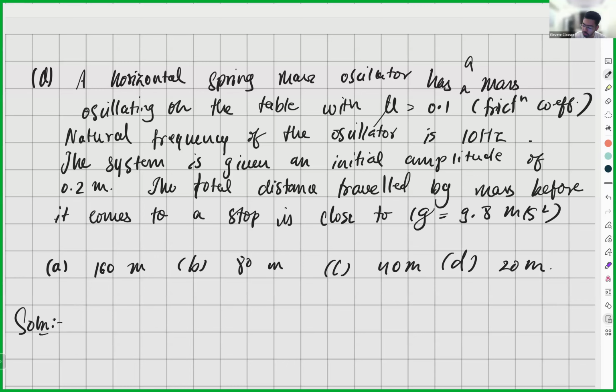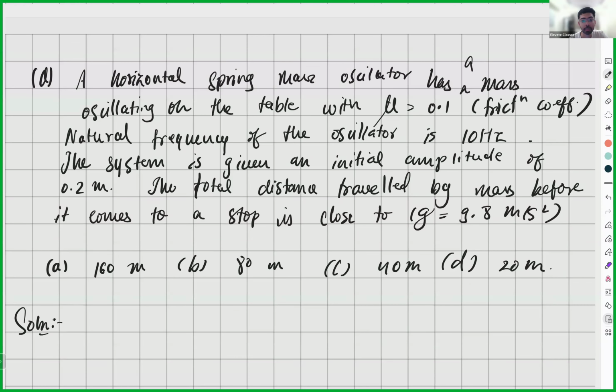Natural frequency of the oscillator is given to be 10 Hertz. This is not the angular frequency, this is just the frequency, which is 1 by time period, of course. The system is given an initial amplitude of 0.2. The total distance traveled by the mass before it comes to a stop is close to.